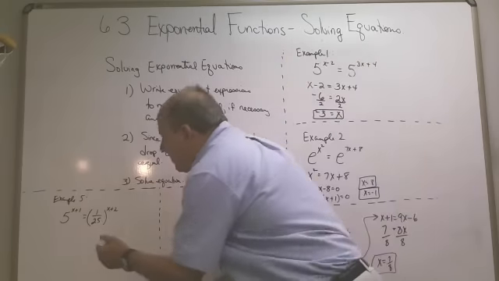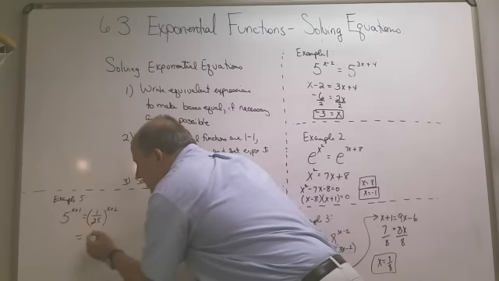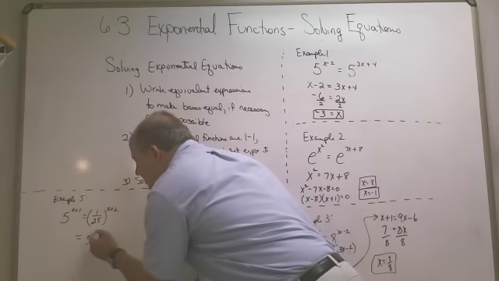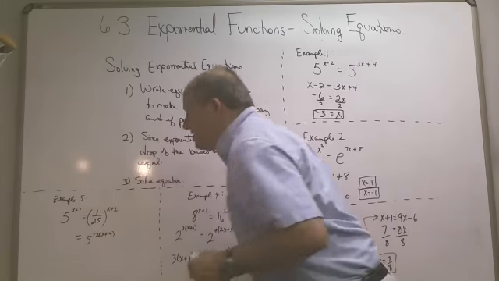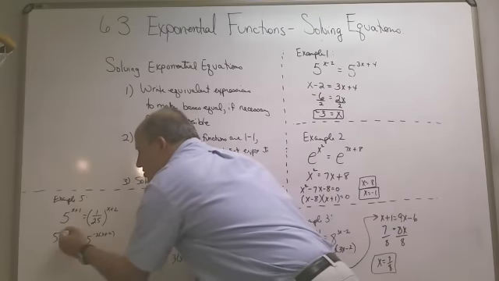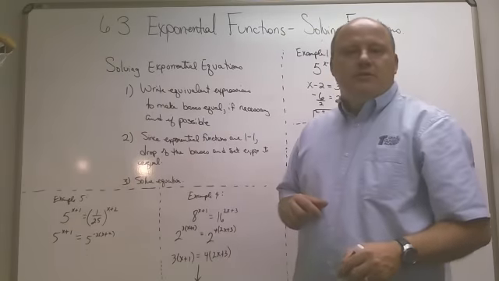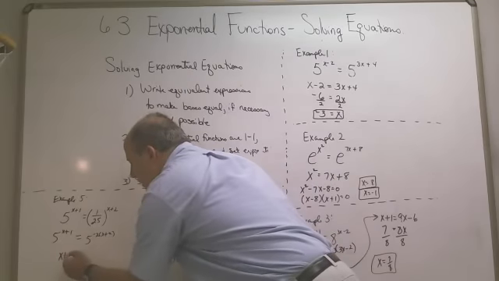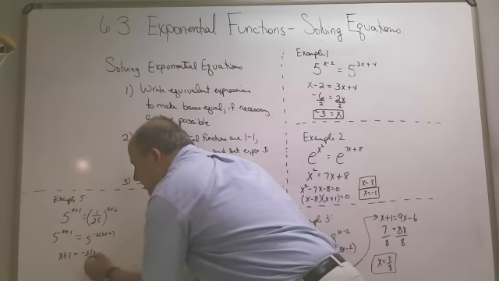So this 1 over 25 becomes 5 to the negative 2, and then tack on the x plus 2 on that side. The 5 to the x plus 1 up here does not change. So then we just drop off the bases: x plus 1 equals negative 2 times x plus 2.